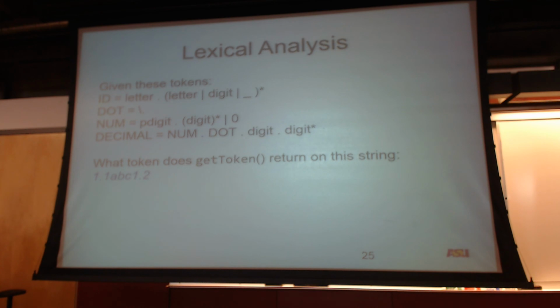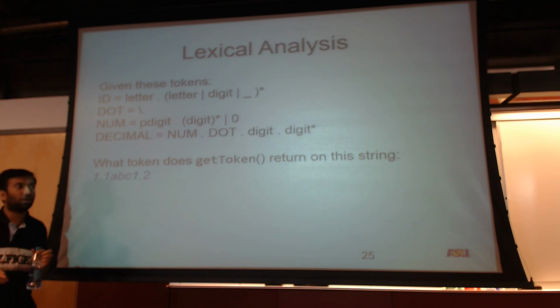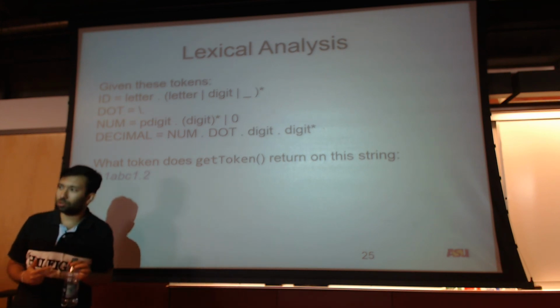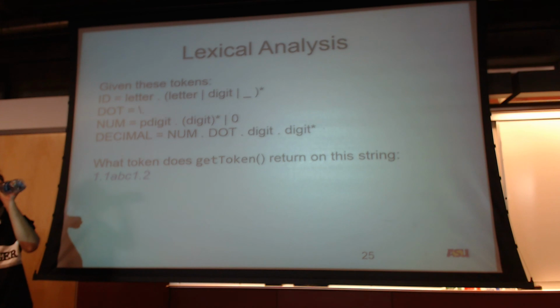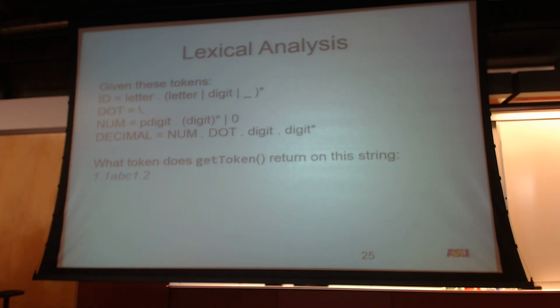So what we will do, and we'll see a rule that we'll follow. But before we see that rule, intuitively what should happen? Read the first token. What is the first token?